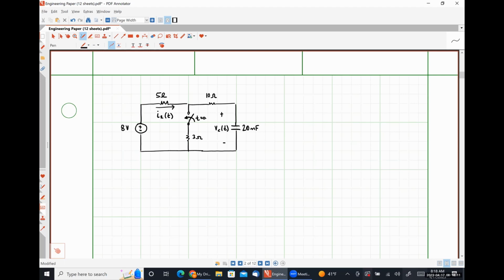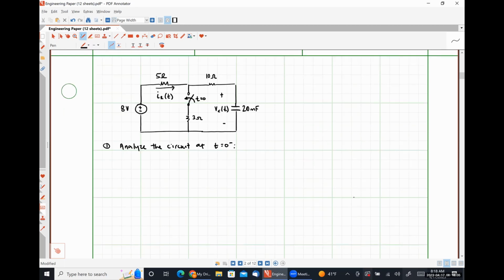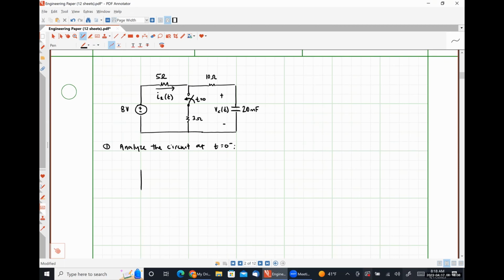Just as a recap, our first step is to analyze the circuit at t is equal to 0 minus. At t is equal to 0 minus, we are at DC steady state, which means our capacitor looks like an open circuit. So that means we're going to have our 8-volt source here. Here's our 5-ohm resistor.